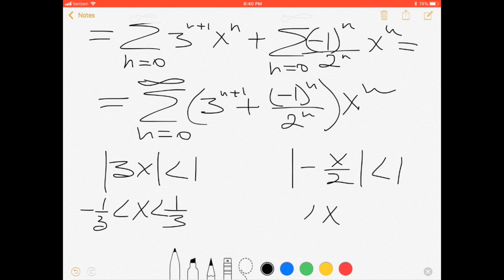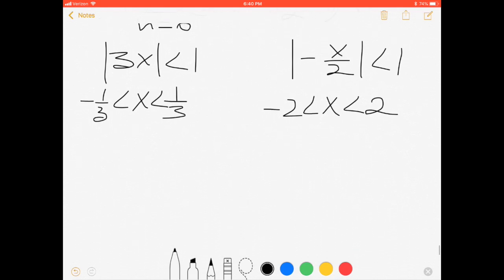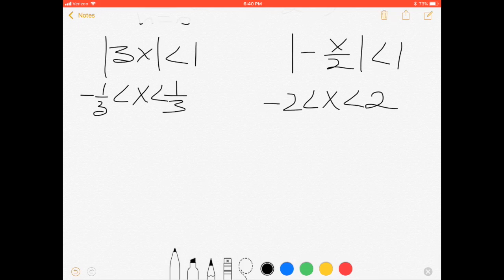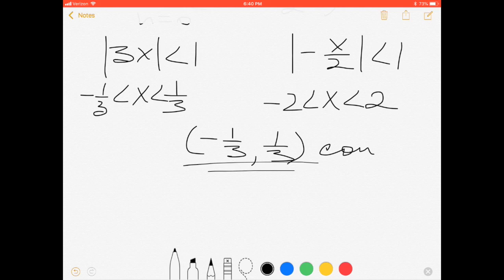Here we have x greater than negative 2 and less than 2. Both of these series converge on the intersection of these two intervals. That happens if x is between negative 1/3 and 1/3, which will be the interval of convergence.